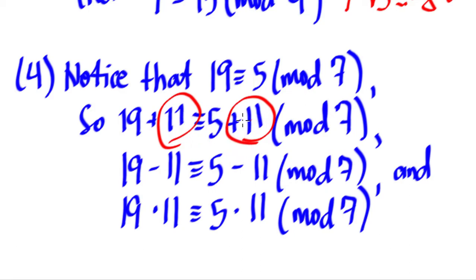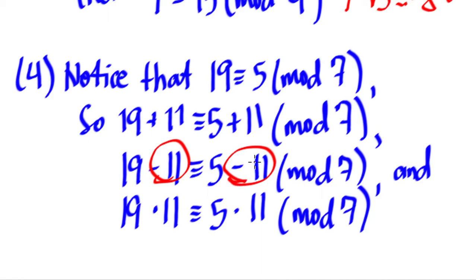So if we add, it's just like in equality. If we deduct, it should be the same, and if we multiply, it's still going to be the same, provided the modulo are all the same. Of course, it will be a different thing if we change the modulo, so that's not going to be congruent.